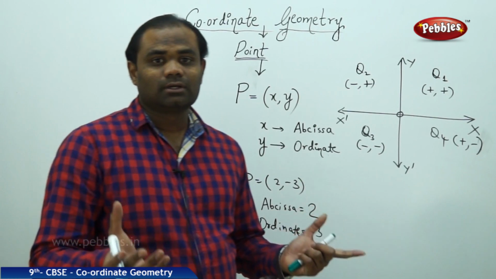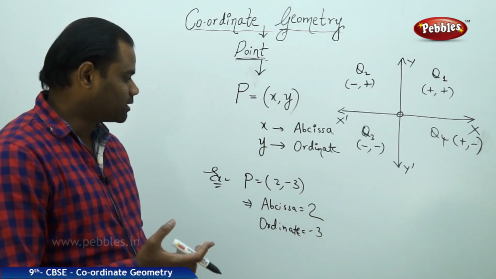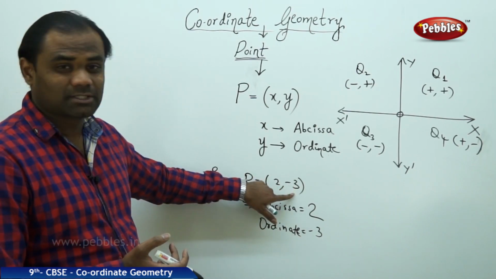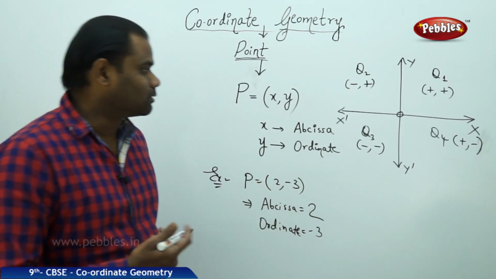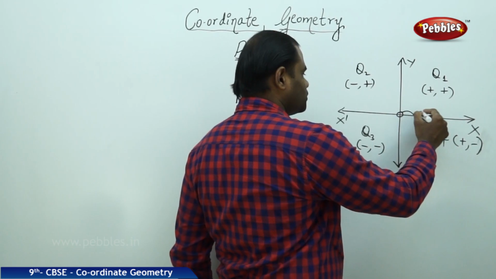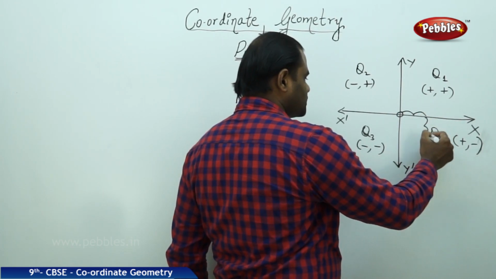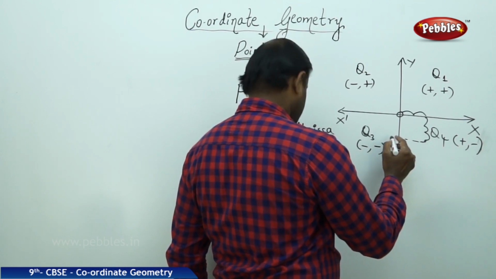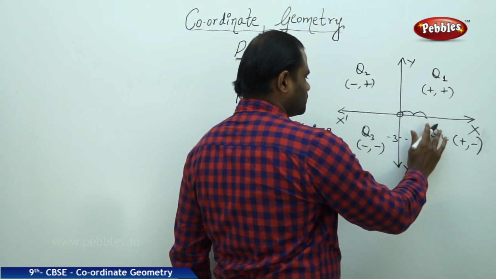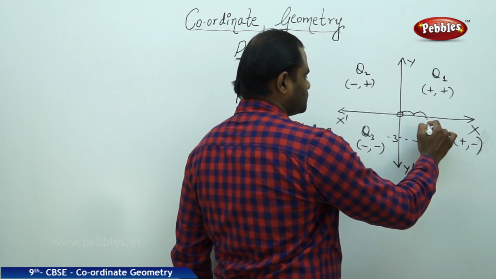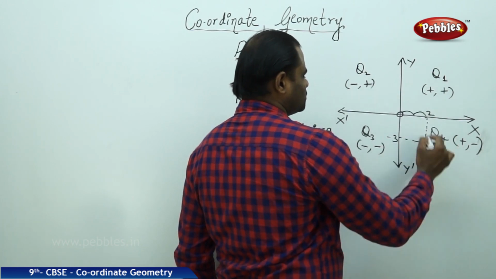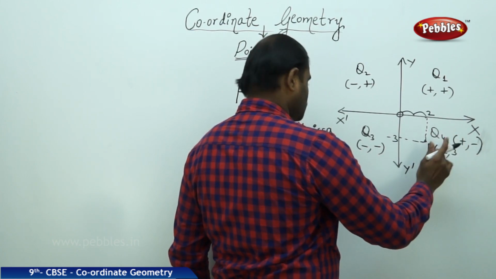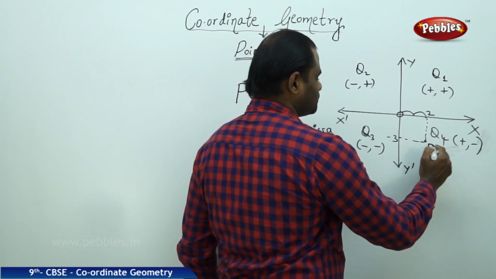Locating the point, it moves 2 units to the right and 3 units down, and here is the point (2, minus 3).